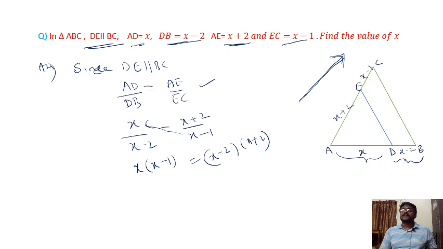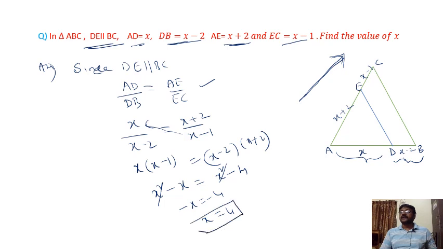Now x into x minus 1 is x square minus x, and this is like a minus b into a plus b formula. That's why x square minus 2 square, that means 4. Okay, x square gets cancelled, minus x is equal to minus 4, therefore x is equal to 4.